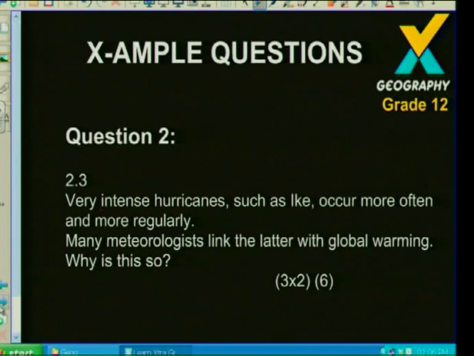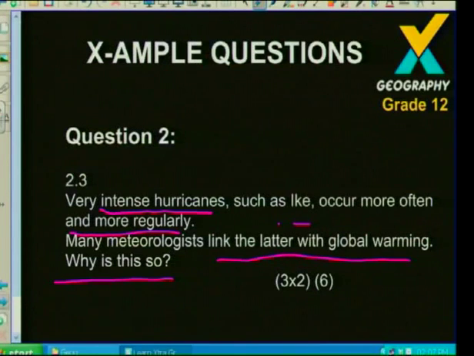Very intense hurricanes, such as Ike, may occur more often and more regularly. Many meteorologists link the latter to global warming. Why is this so? We discussed a question on global warming early on, where we spoke about the super hurricanes. Now, it practically needs the same answer here, but it's phrased differently.